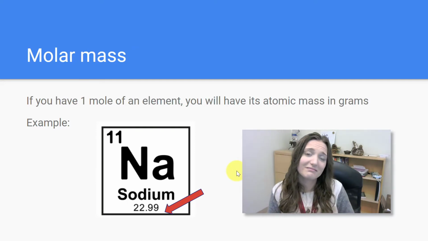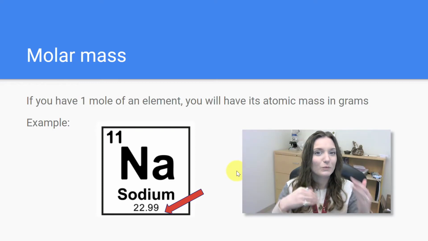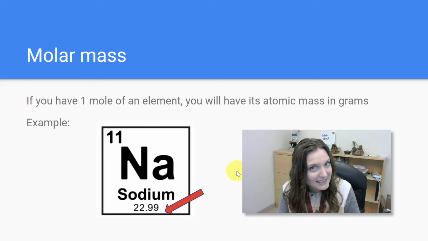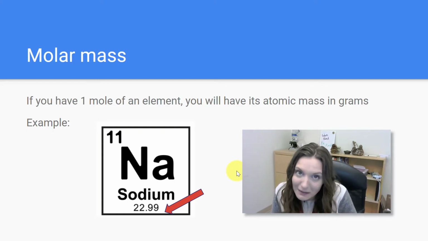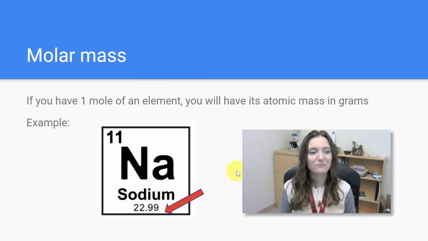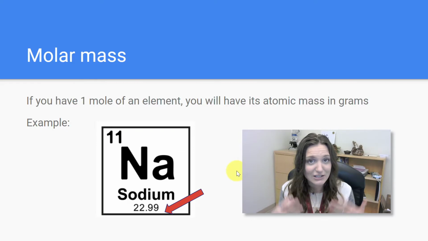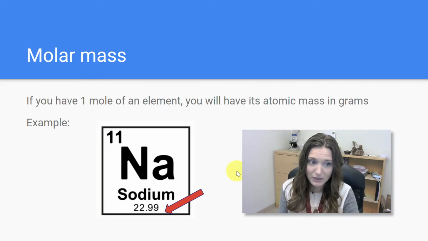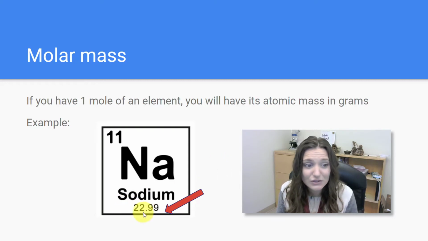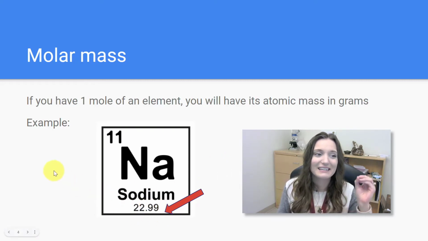What's cool is that we've set up molar mass to be equal to the mass of the element in grams. So if we have 6.022 times 10 to the 23rd atoms of sodium, we have a mole of sodium, it will be equal to this atomic mass in grams.